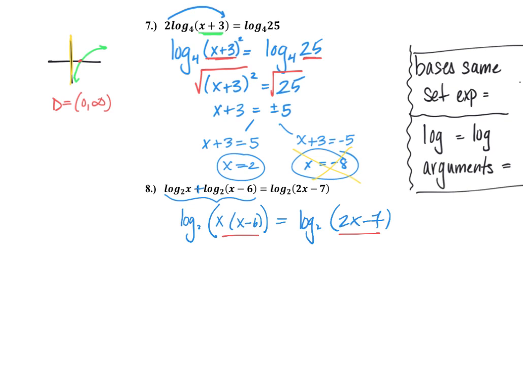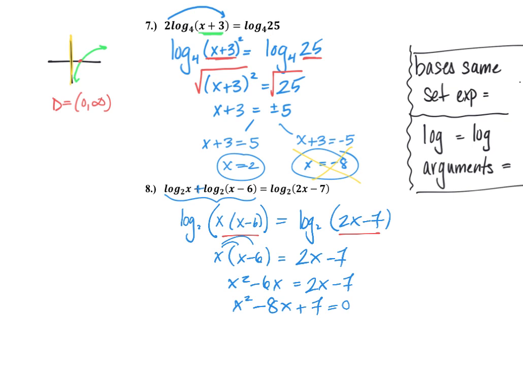So I'm going to set x times the binomial x minus 6 equal to the binomial 2x minus 7, and I am going to solve. x squared minus 6x equals 2x minus 7. Bringing that 2x over is going to leave me with a negative 8x, and I'm going to add that 7 over as well. You guys are great factors.